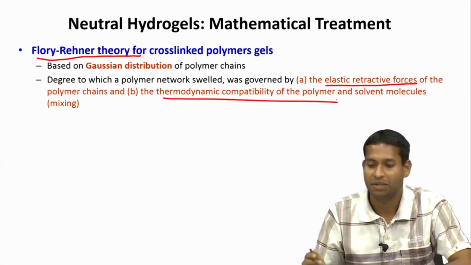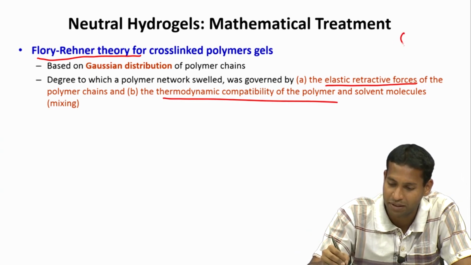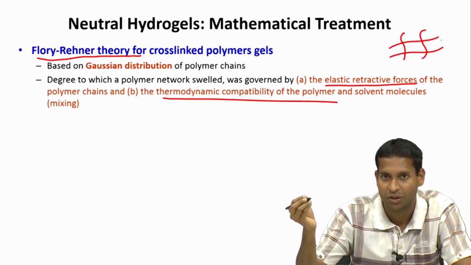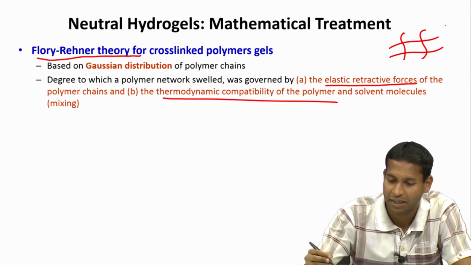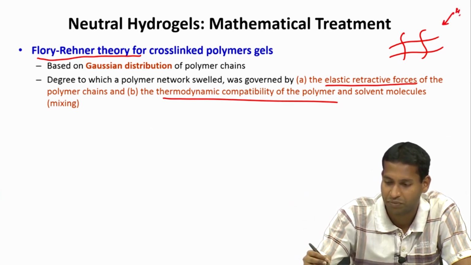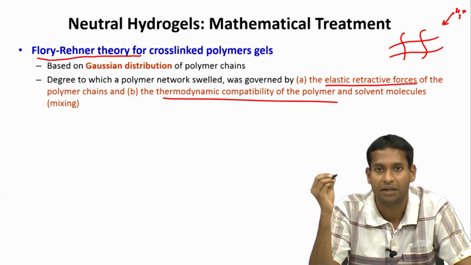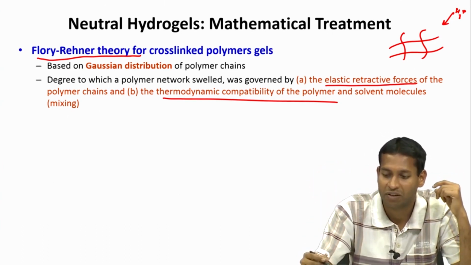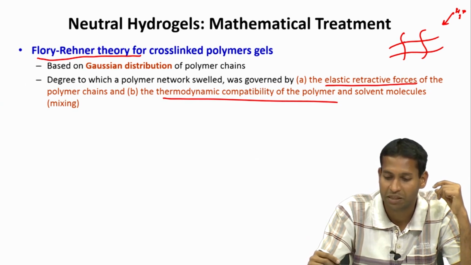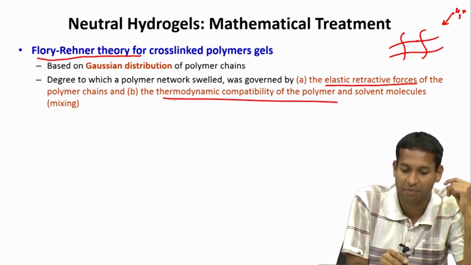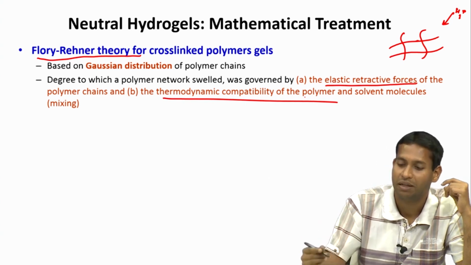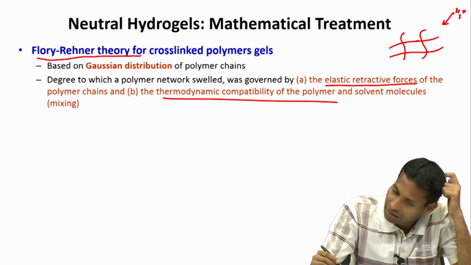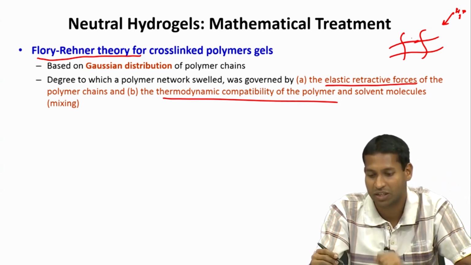What essentially this means is, let us say I have a polymer that is cross linked. As I said, these are hydrogels and they tend to absorb water, but there are some limitations to it. Of course, thermodynamically it is favorable for the water to go in and interact with these polymeric chains. So, that is where the thermodynamic compatibility of the polymer comes from, whereas as it continues to absorb water, these chains here will get stretched.